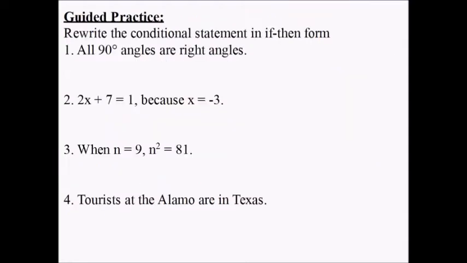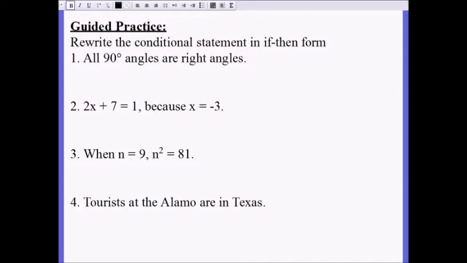Next. All right, guided practice. This is the part that is pretty much related to your homework. So let's go ahead and work through these. We say that all right angles are 90 degrees. We want to switch all these into if-then form.